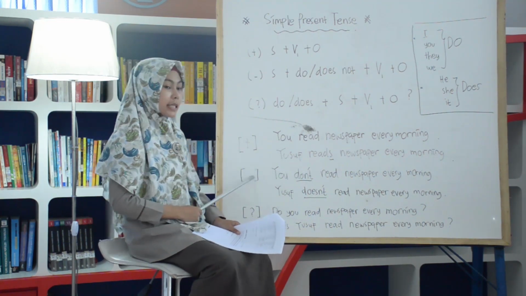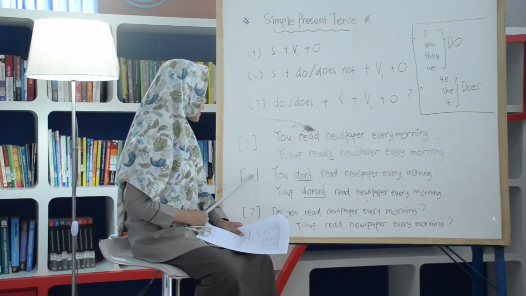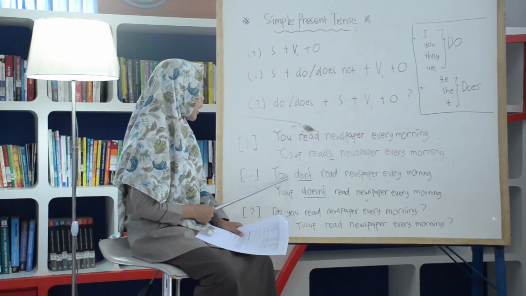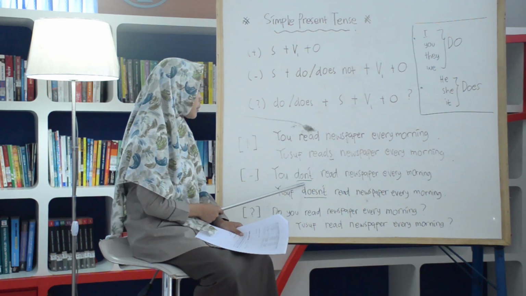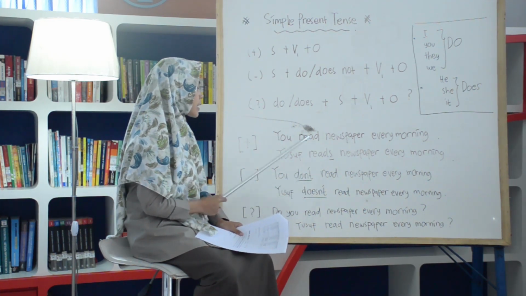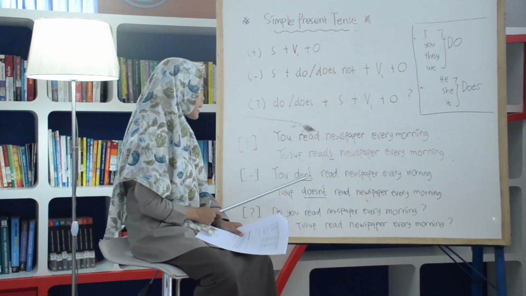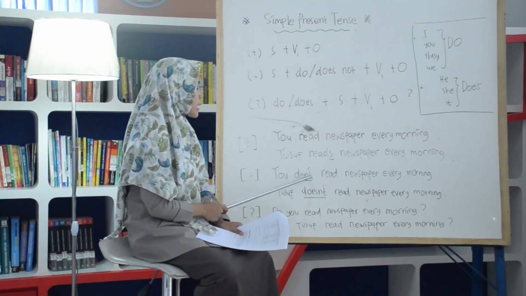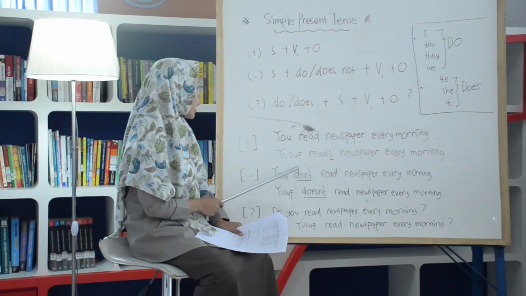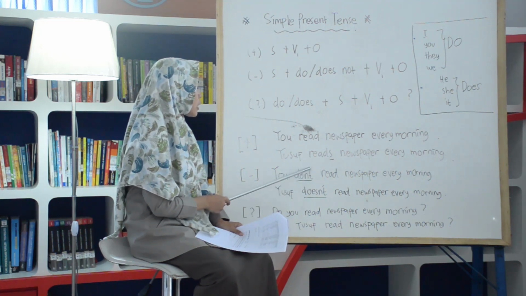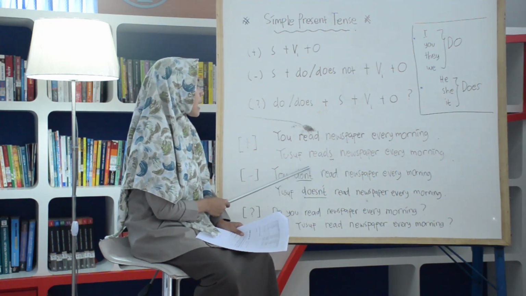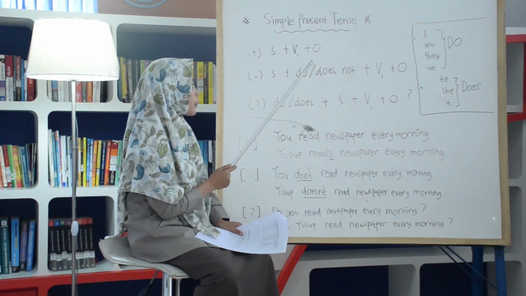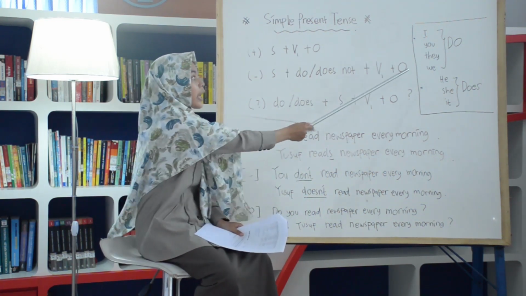Okay. Next, the second example is the negative example. You have to put don't and doesn't. What is the difference? The difference is you have to put don't here if the subject is you, I, they, and we.